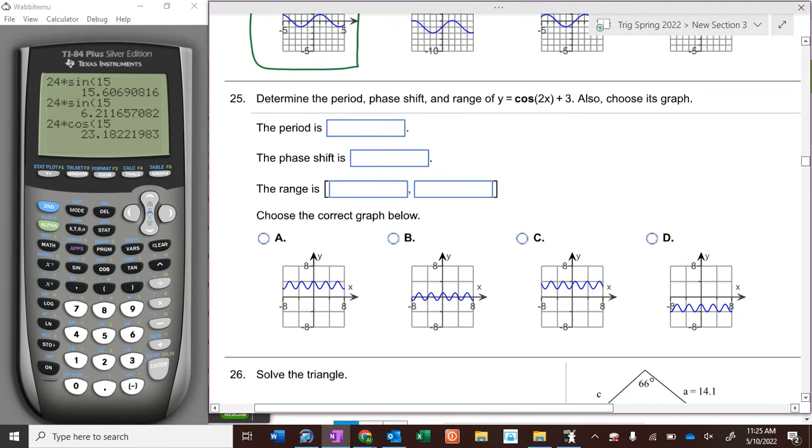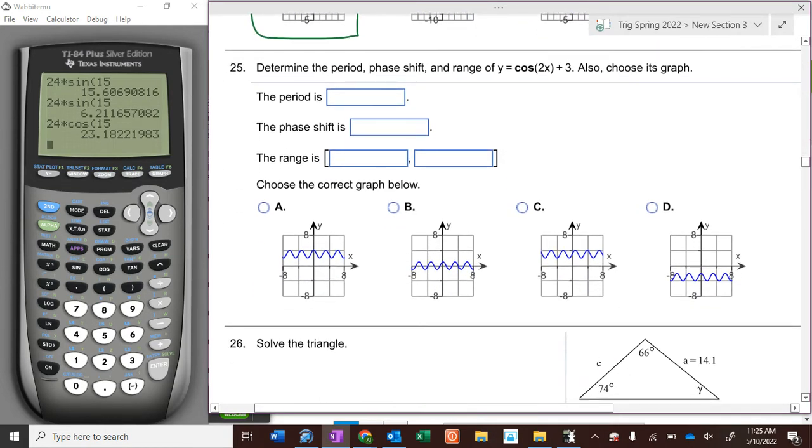The second one. The y equals cosine of 2x plus 3. Okay? So, y equals a cosine of b times x minus c plus d. Okay? What's your amplitude? 1.